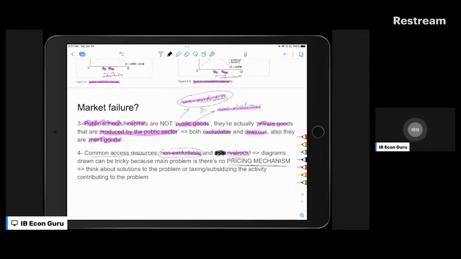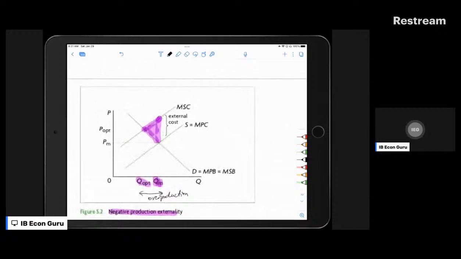So say, for example, if the common access resource is fish stock in the ocean, then maybe you can draw a diagram for the market for tuna fish, and you can draw an overproduction diagram, which is a negative externality of production. Okay, there is a problem of overproduction. And then the negative externality, the external cost here, is the overuse of the common pool resource.